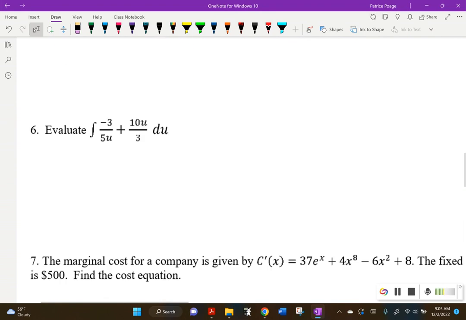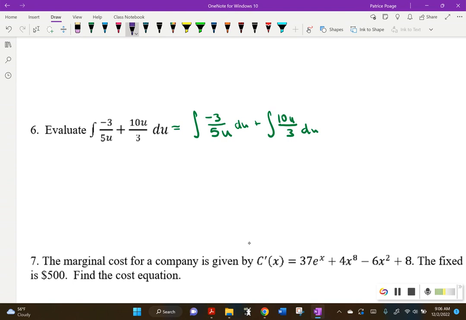All right, number 6, we definitely have some numbers and variables on the bottom, so I'm going to split this one up again. So I'm going to have the integral of negative 3 over 5u du plus the integral of 10u over 3 du. So if there's a number on the bottom, you bring it out front.